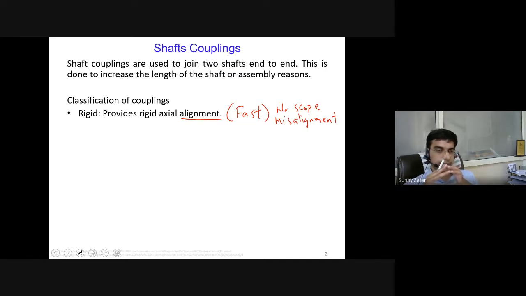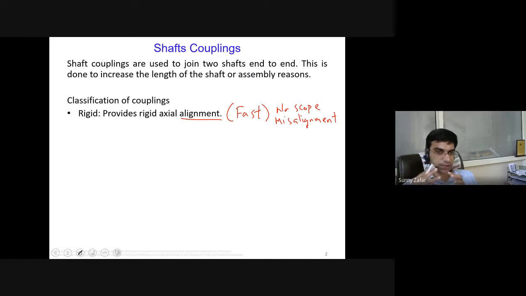So rigid couplings are only good when there is no scope of misalignment. Generally the structures put into this type of coupling are metallic, and since they are metallic, they do not have any scope to accommodate the misalignment.